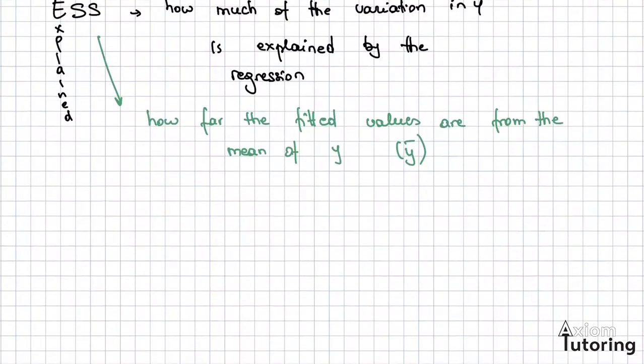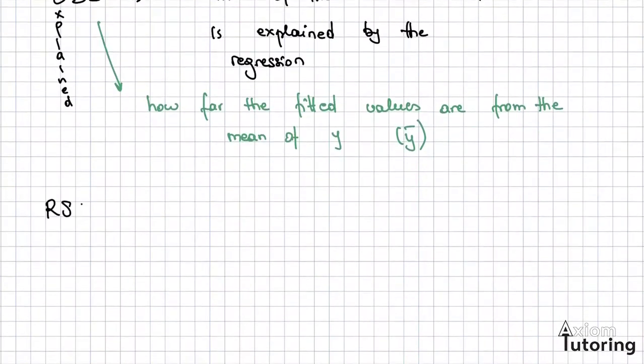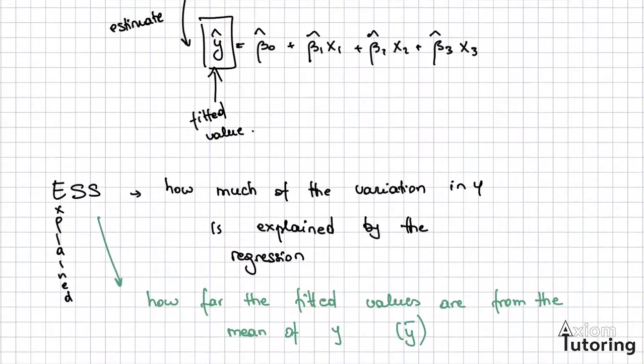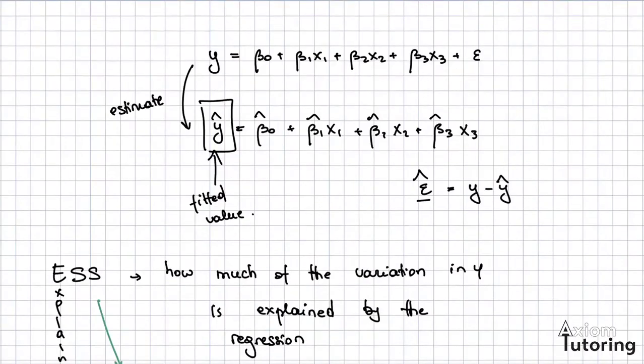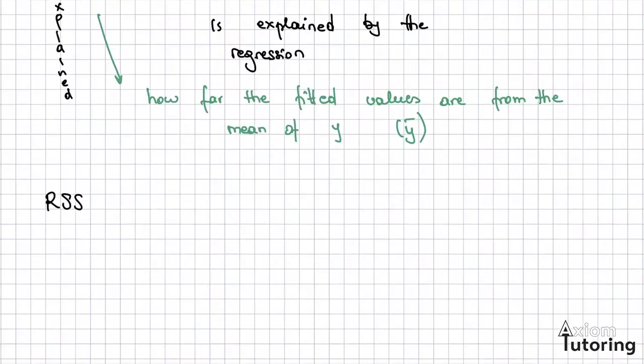And ultimately, we've got the residual sum of squares. When we move from the theoretical model to the estimated model, we can calculate the residual, which is the difference between your real observation and your prediction. So what does the residual sum of squares do?